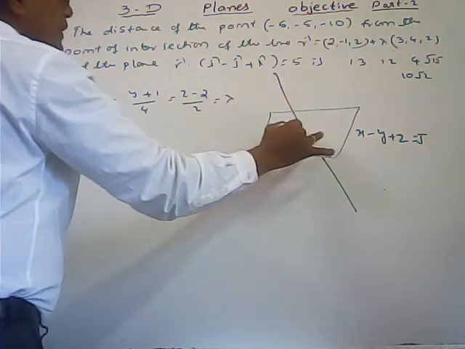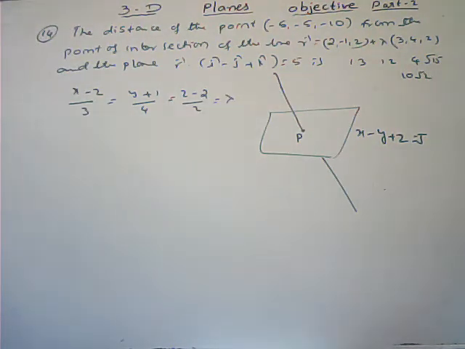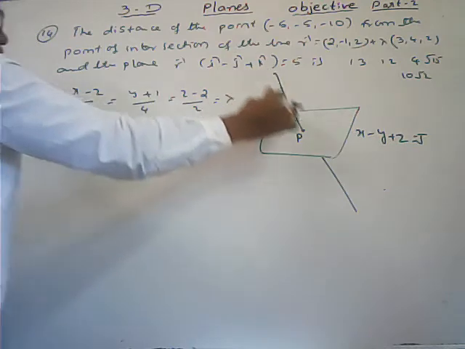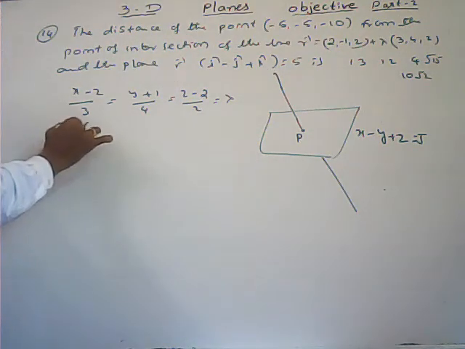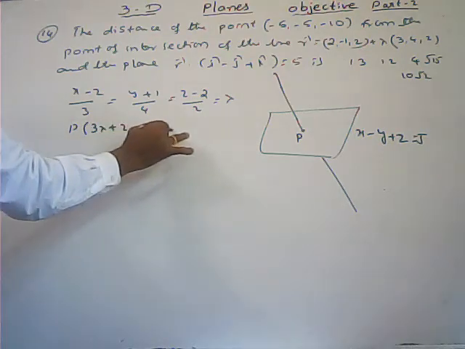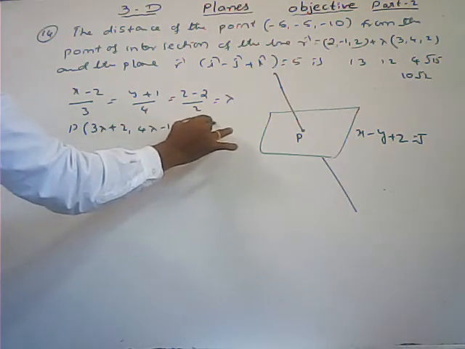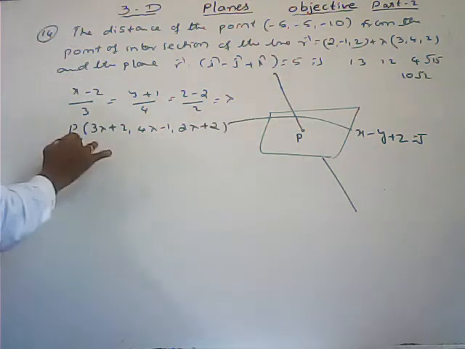Any point we can take. That one is the point of intersection of the line and the plane. So any point I am taking, I am considering P only: 3 lambda plus 2, 4 lambda minus 1, 2 lambda plus 2. Any point. That point lies on that plane only.